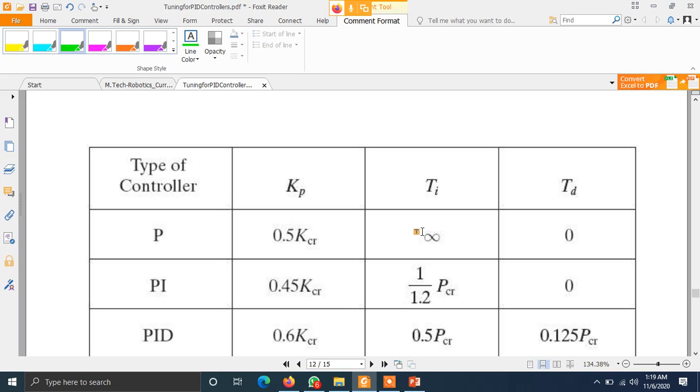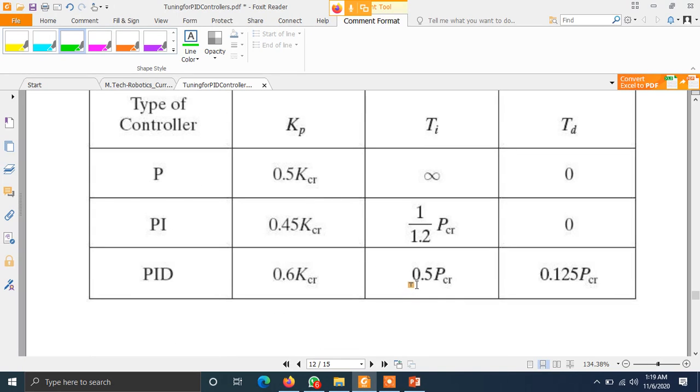Once the time period and Kcr are identified, you start working on the gain estimation chart. In the first case, since nothing else is present, it is 0.5 Kcr, half of Kcr. You should not go beyond half.